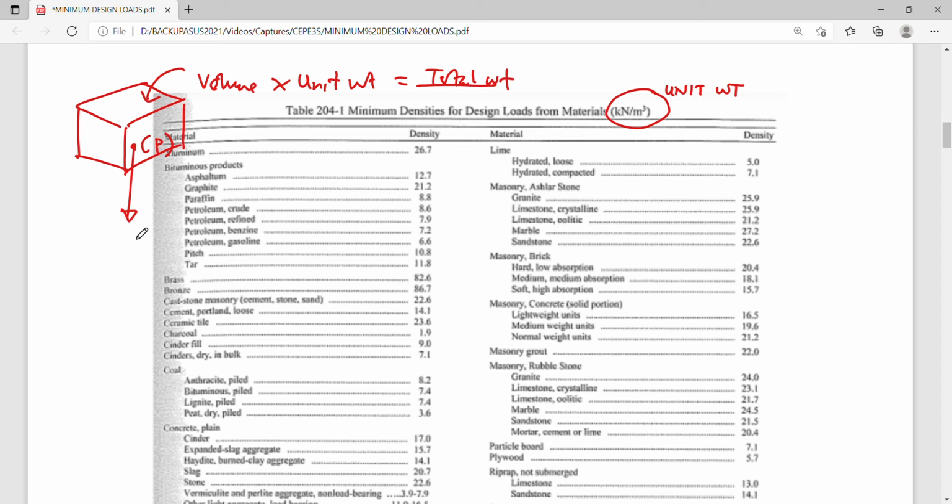So this is now the total weight. It can be a concentrated load, or it can also be represented by a uniform load, no? So it depends upon how you would see the geometry of the material.